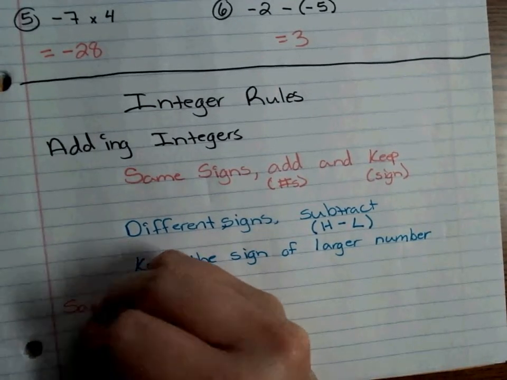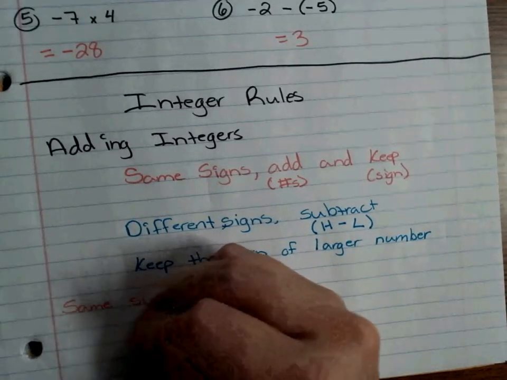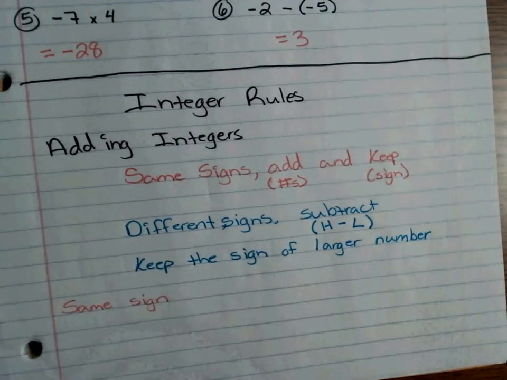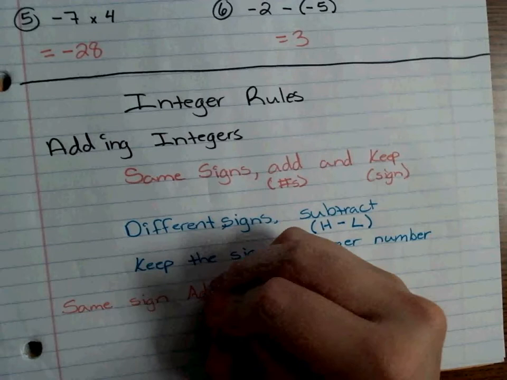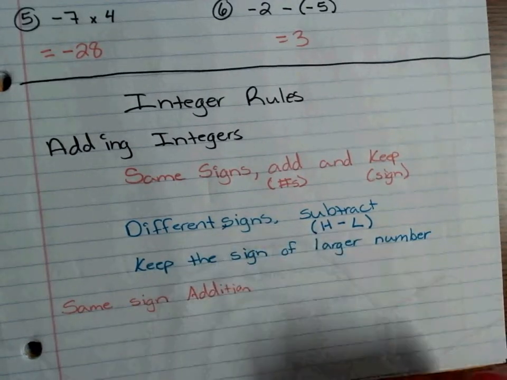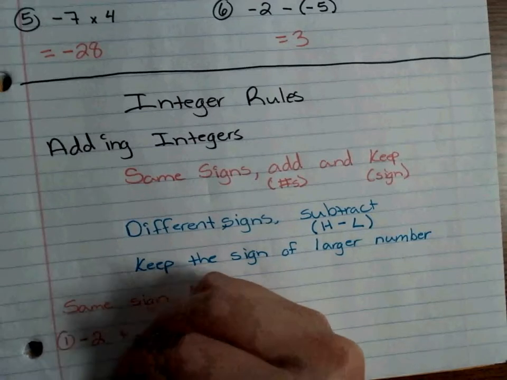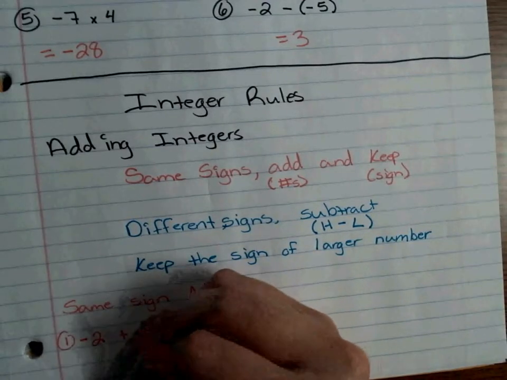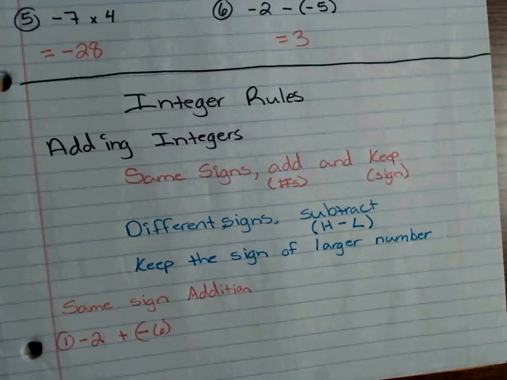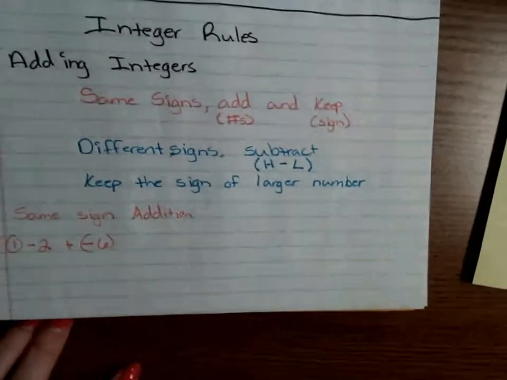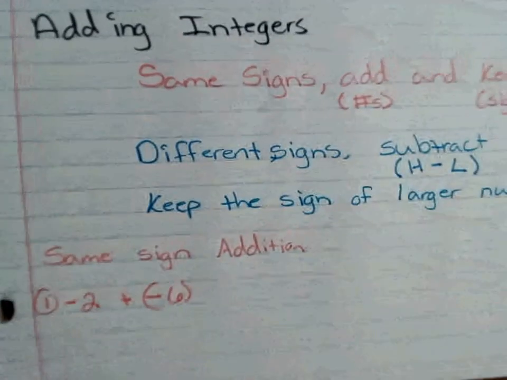So let's focus on a couple of problems that are same sign. So if I have -2 plus -6, it's very simple. You add the numbers together and keep the sign.